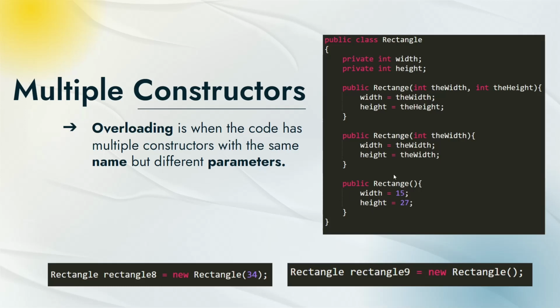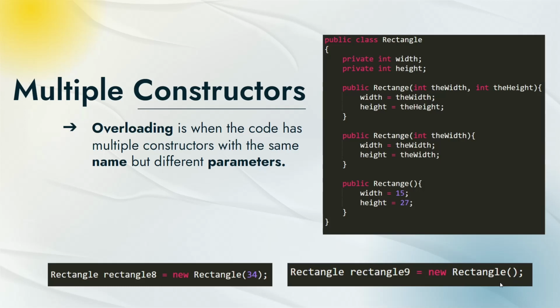And you can also have a constructor with no parameters. In this case, let's just say I just want to create a rectangle. There's usually not a reason why you would have hard-coded values, but let's say I just wanted to create a rectangle, but I don't know what width and what height. You can just put predefined width and height.